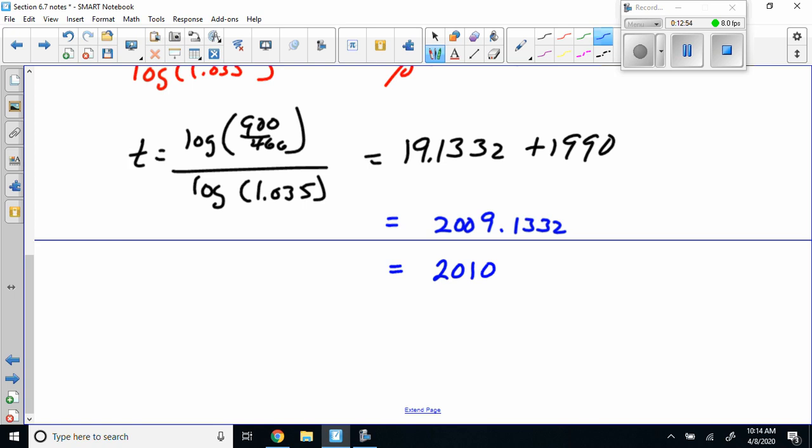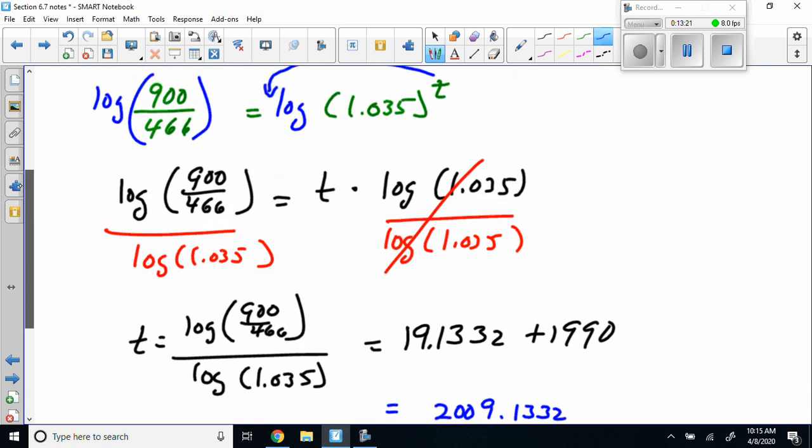But as a mathematician, you can't say it hit something in 2009 in the beginning when it didn't. See this 0.1332? That's a portion of a year. So somewhere in the year 2009, it hit 900 million. So to be safe, you can say, okay, in year 2010. All right, so just kind of remember that.